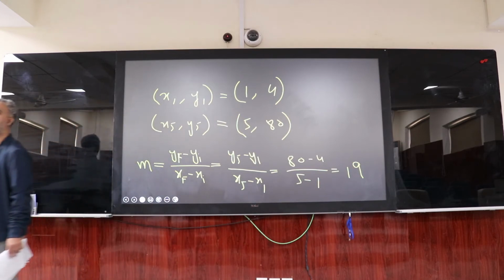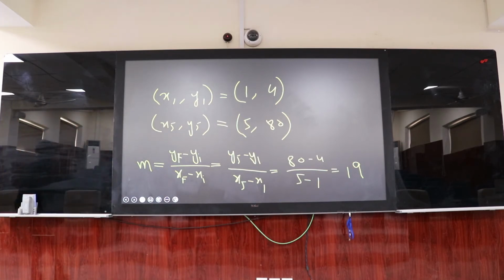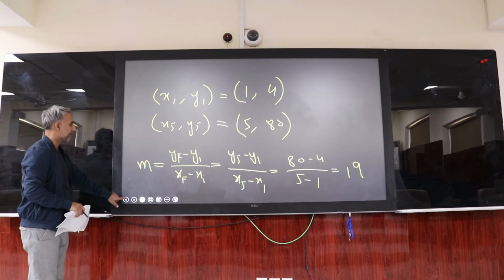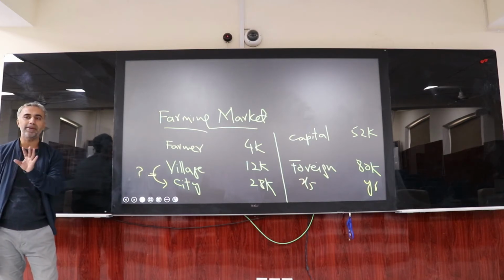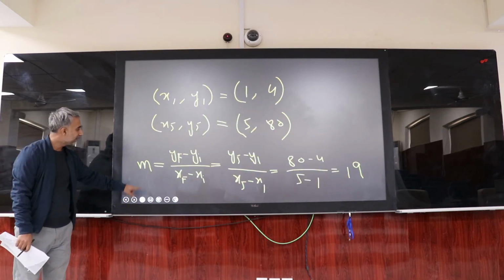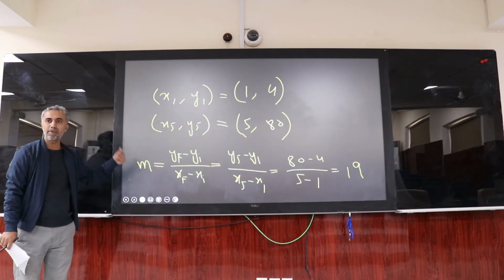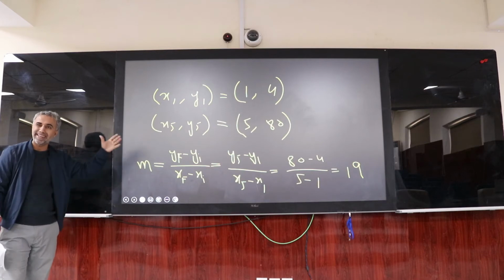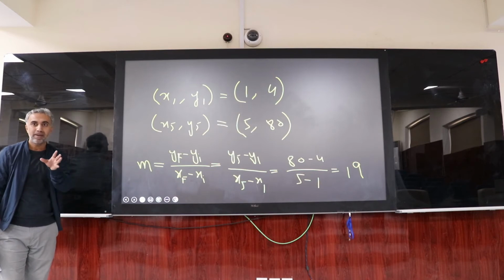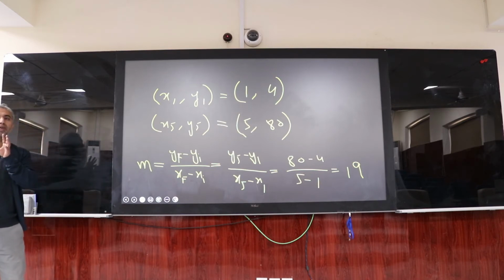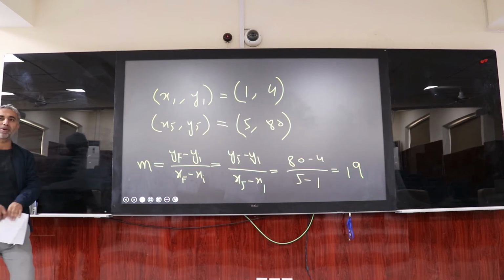Is it okay? This is not the benchmark value. 19 does not exist anywhere. This is a prediction, but with the mathematical formula of slope. And slope, a moment ago I told you, is kind of a straight line, until we apply the limit delta x approaches 0.